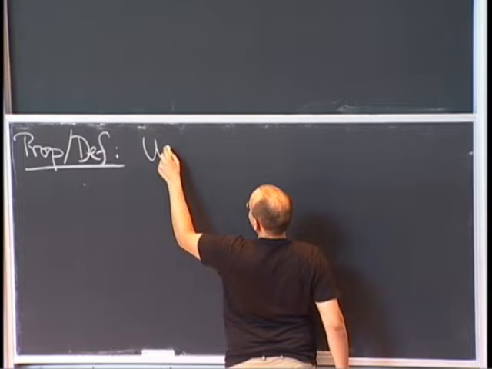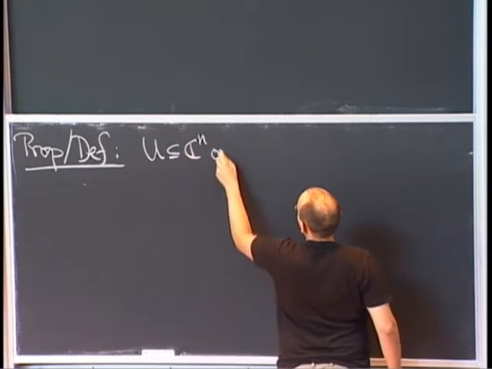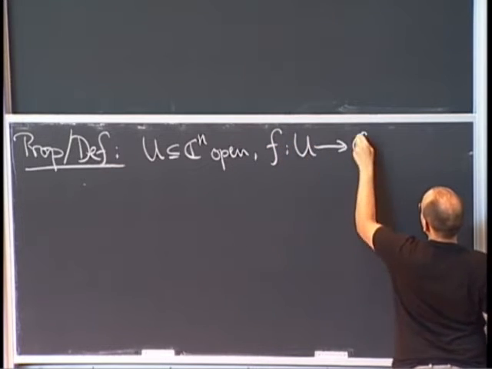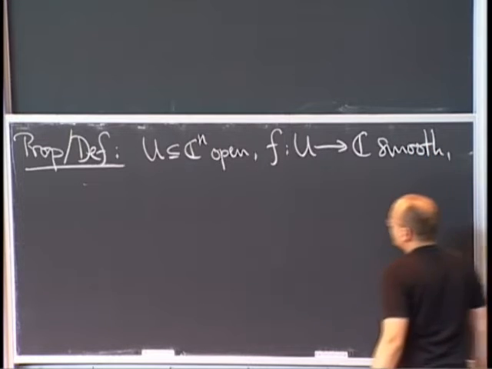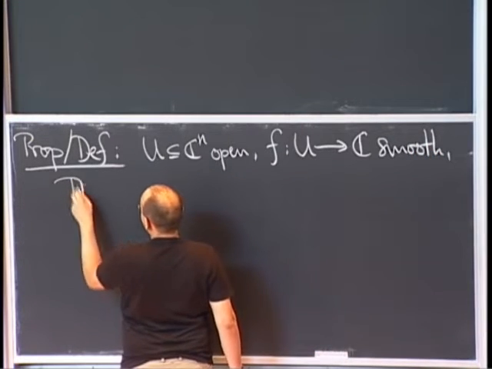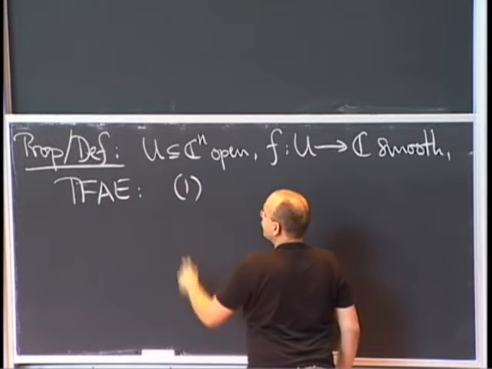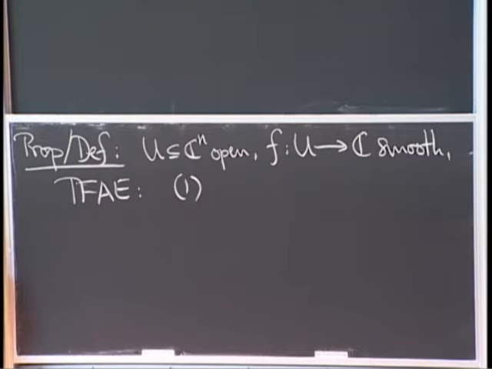You have an open set in C^n, so n complex variables, and a smooth function on that set. Then the following are equivalent. First off, that's somehow the correct generalization of the existence of the complex derivative.